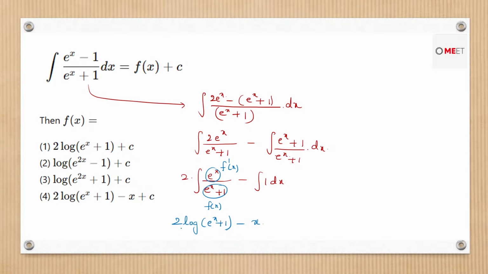So the answer will be 2 times of log e power x plus 1 minus x plus c, that is option 4 is the answer.